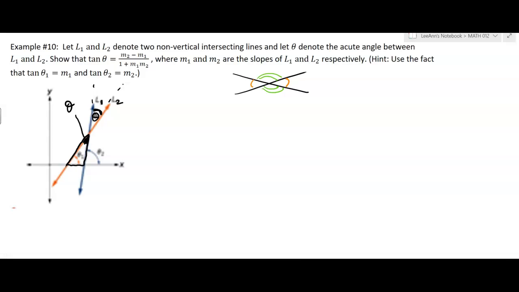Okay, so this is theta sub 1 right here, and then this over here, that's theta sub 2. So there's my triangle with the three angles, theta, theta sub 1, and theta sub 2.